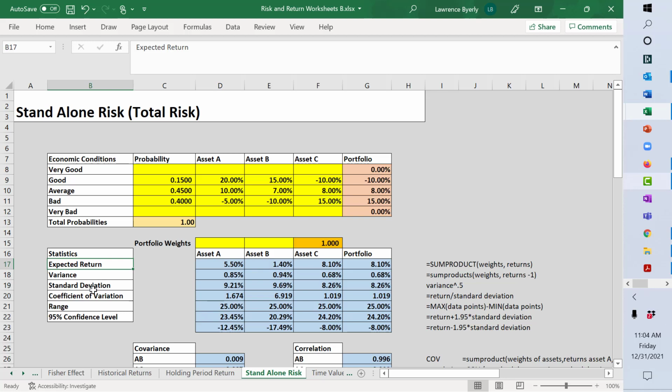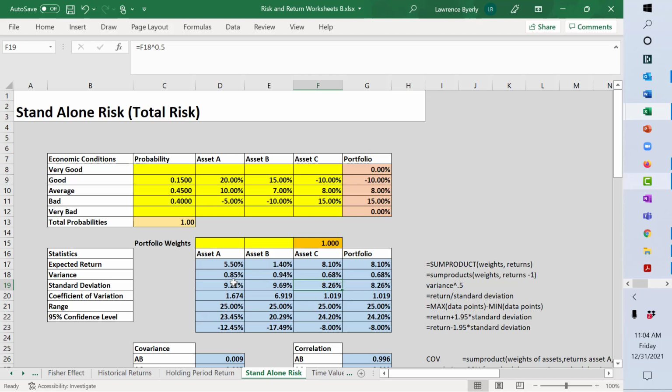To measure risk, we want to use standard deviation. And you notice here standard deviation, if you calculate across, 9.2 for A, 9.6 for B, and 8.2 for C.